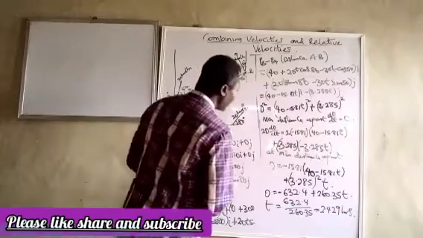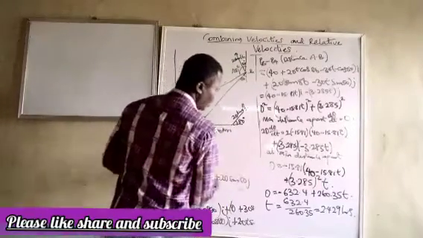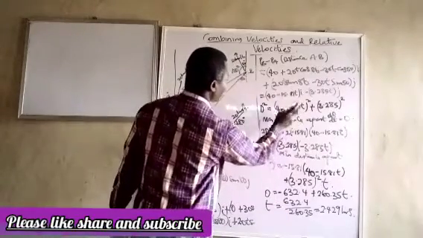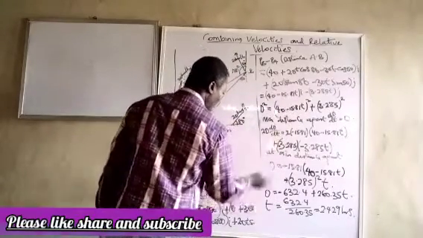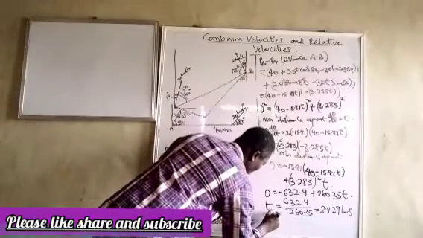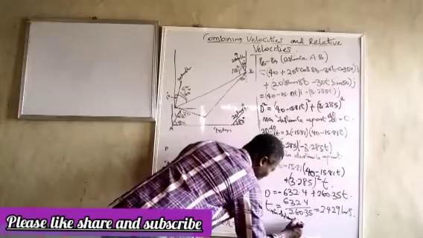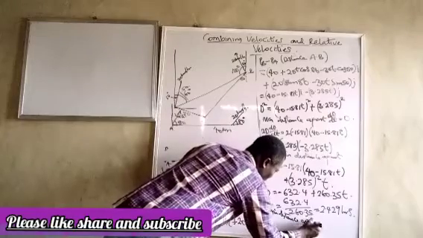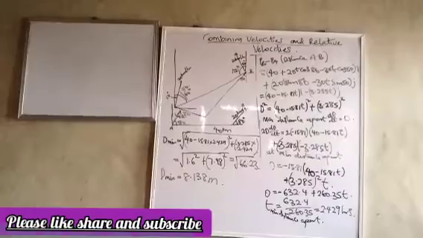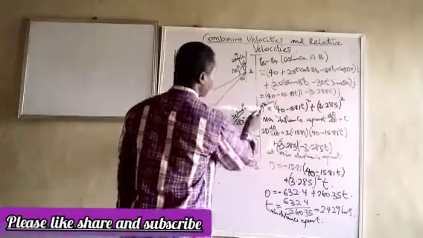Now let me find the minimum distance apart. And how do I do that? I just substitute this t into this equation here, because this is the time for minimum distance apart. That calculation is straightforward. Now, I substituted this t inside this equation.